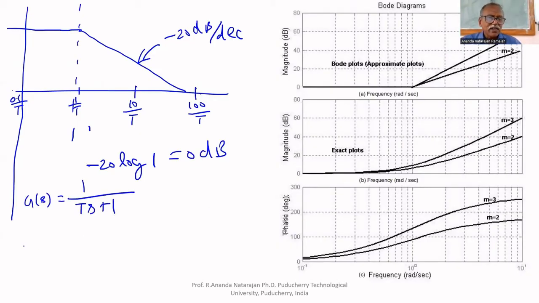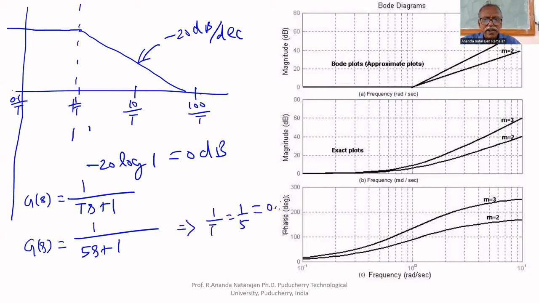Suppose I have G of s equal to 1 by 5s plus 1. Tau equal to what? 5. 1 by tau equal to 1 by 5, that is equal to 0.2. Therefore, the corner frequency is 0.2 radians per second.